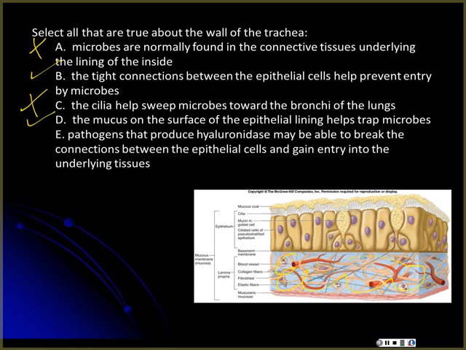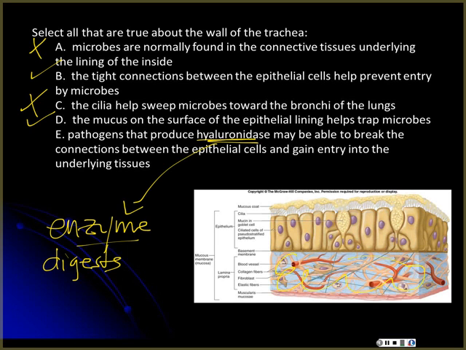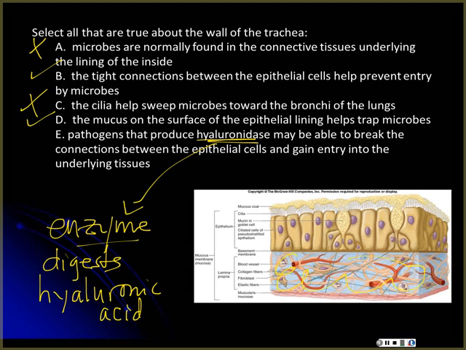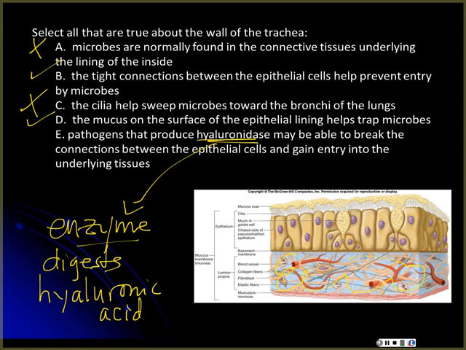Definitely. And pathogens that produce hyaluronidase may be able to break the connections between the epithelial cells and gain entry into the underlying tissues. That's an enzyme, and it digests hyaluronic acid, which is a carbohydrate glue-like substance that you do have between many of your cells.